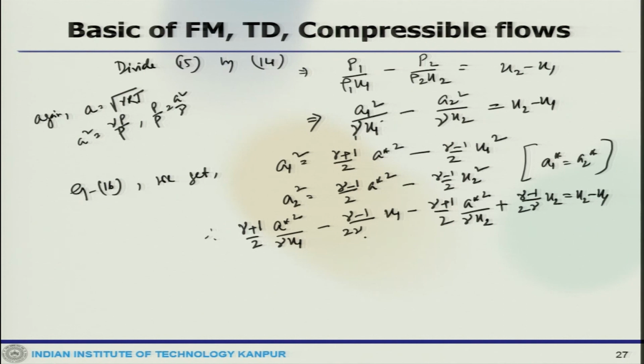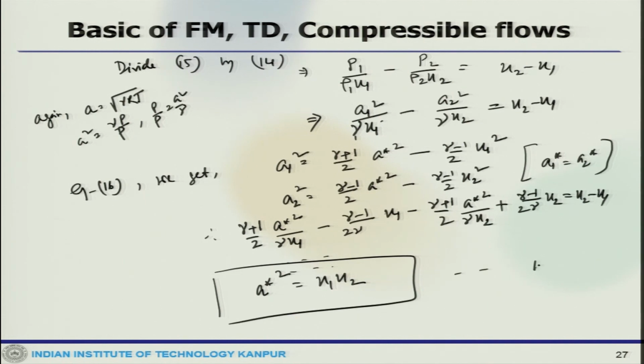So, further if we do a little bit of mathematics, what we get finally is a star square equals u 1 u 2.